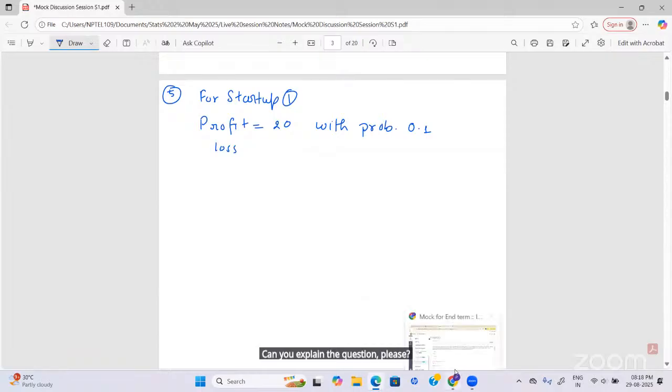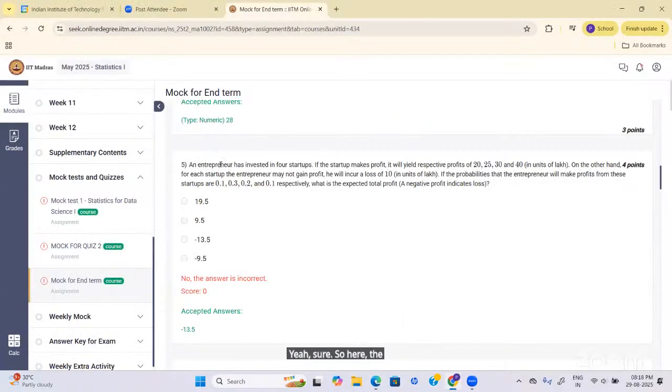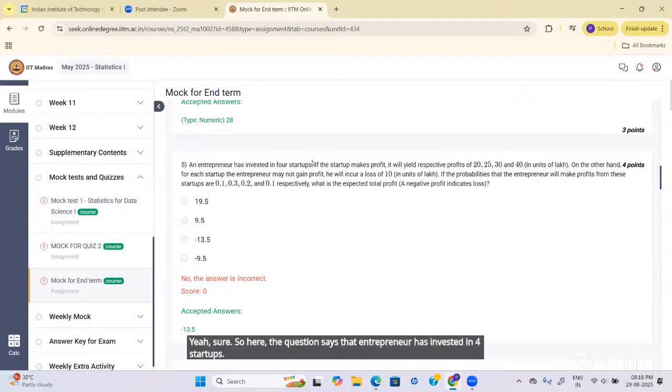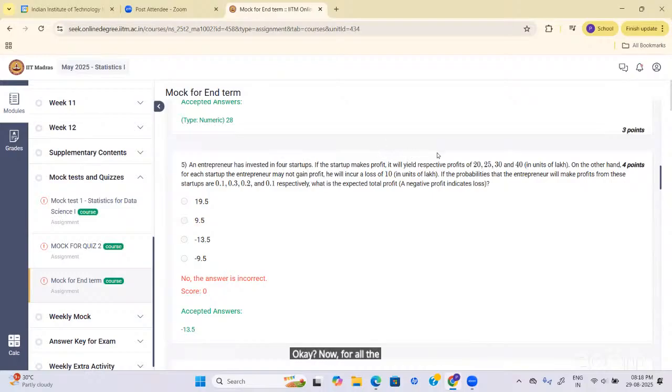Yeah, sure. So here the question says that an entrepreneur has invested in 4 startups. Now for all the 4 startups, these are the values of profits. So for the first startup, he is getting the profit of 20 lakhs. For the second startup, he might get the profit of 25 lakhs. Similarly for the third and fourth startup.